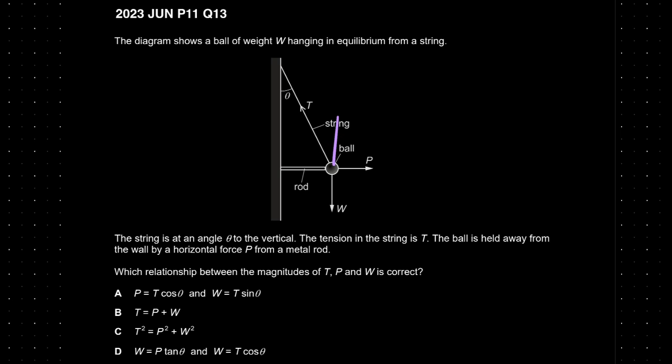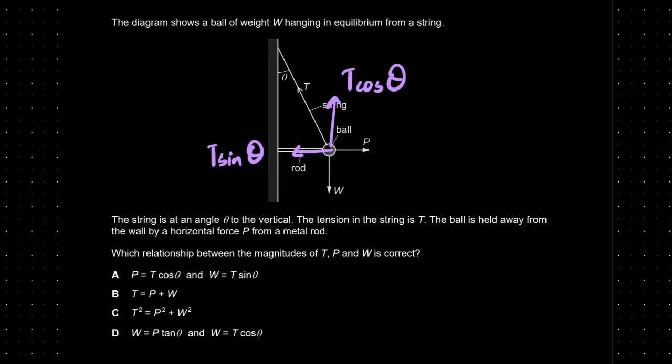So this is going to be T cos theta. This is going to be T sin theta. So obviously T sin theta must equal P and T cos theta must equal W, right? But I don't see this here.